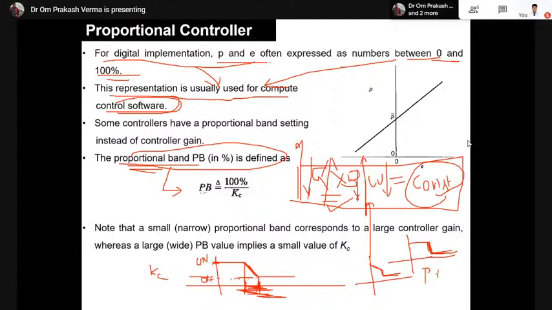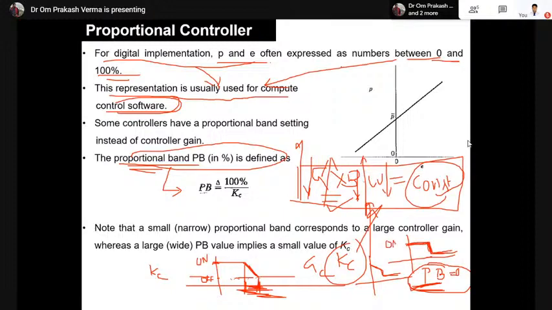When the proportional band becomes zero. If the proportional band is zero, or very very low or narrow, it means at that value the gain Kc is very very high. At a very high value of Kc, the proportional band becomes very narrow, almost zero, and the response looks like an on off controller.